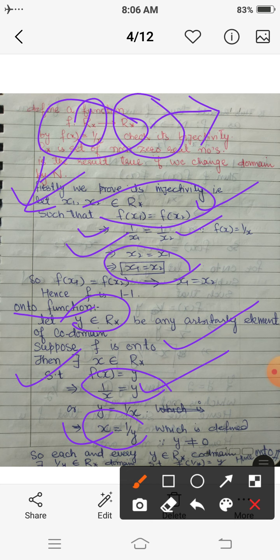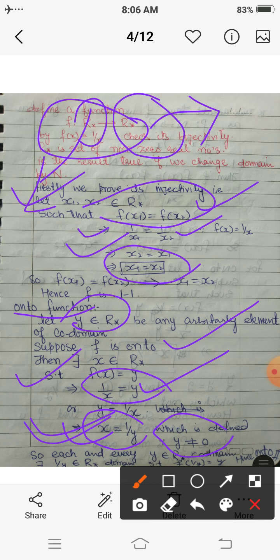Now here y is real, 1 upon y is defined for all real numbers except y equals 0, because this R star is the set of non-zero real numbers. So this means that when y is real, 1 by y is also real, hence x is real.